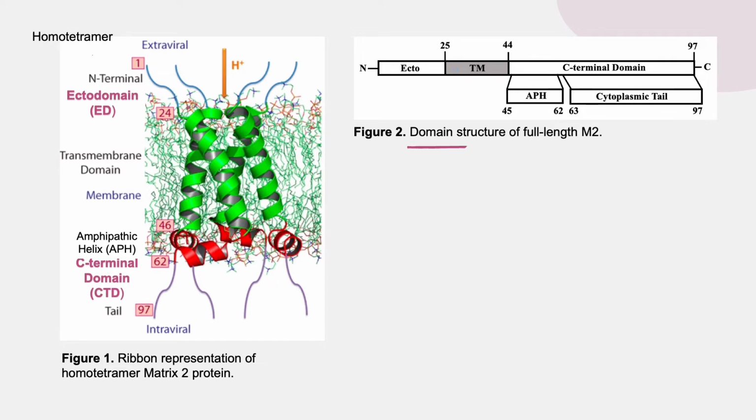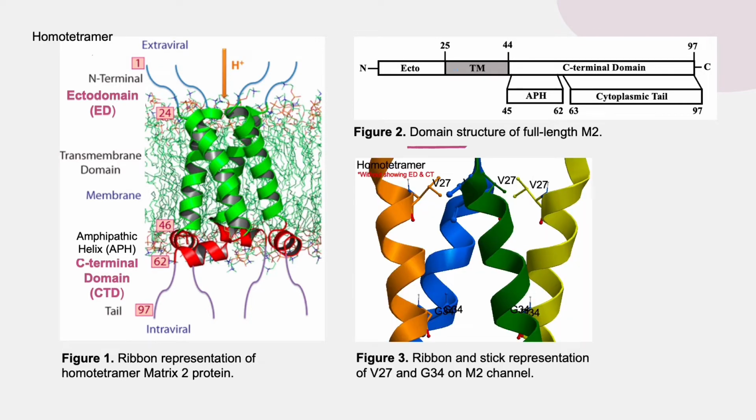The CTD contains a cytoplasmic tail and a significant amphipathic helix for protein interaction, and the hydrophobic side chain of valine 27 constricts the extracellular domain, and the size of the pore increases gradually until glycine 34.